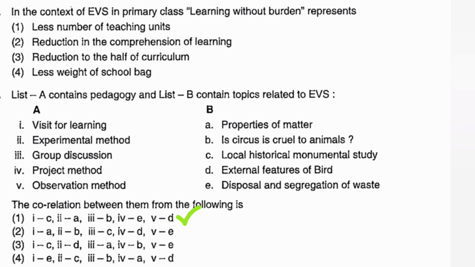Visit for learning is local historical monuments. Experimental method is properties of matter. Group discussion is circus cruelty to animals. Project method, disposal and segregation of waste. Observation method, external features of birds. So option 1 is correct.